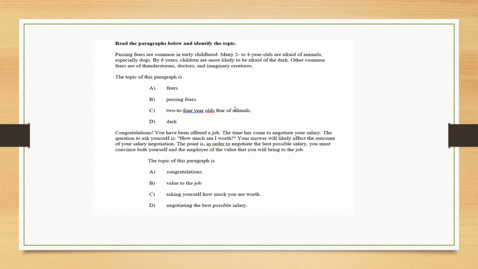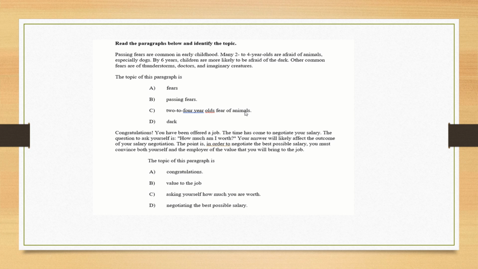2 to 4-year-olds' fear of animals, although that is in the paragraph, that is not the topic. 2 to 4-year-olds being afraid of animals gives us one example of passing fears. It's more like a specific idea.